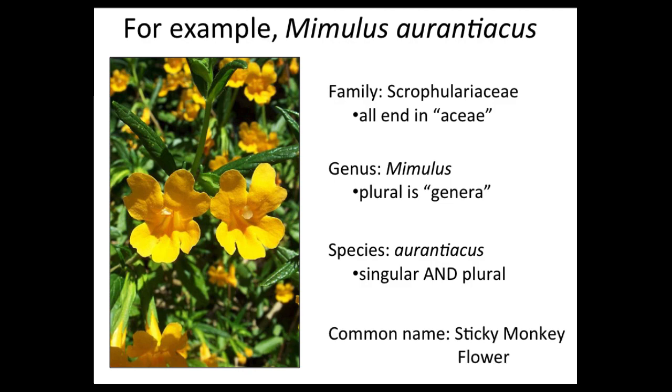And of course, for most people, they'll never say a scientific name in their life. Of course, now you're taking a biology class, so you're going to start saying scientific names, but most people would just use the common name. And this one is called sticky monkey flower because the leaves are sticky and the flower looks just like a monkey face, right?